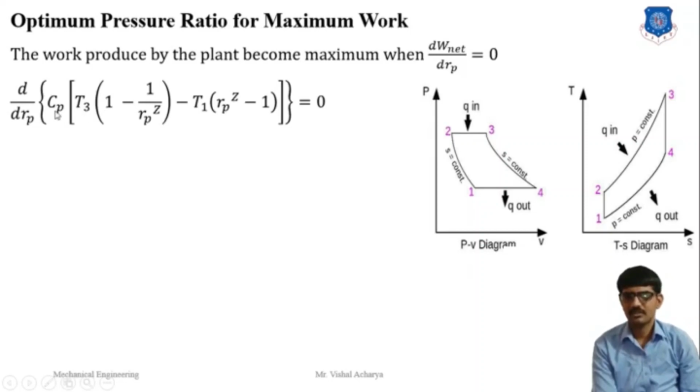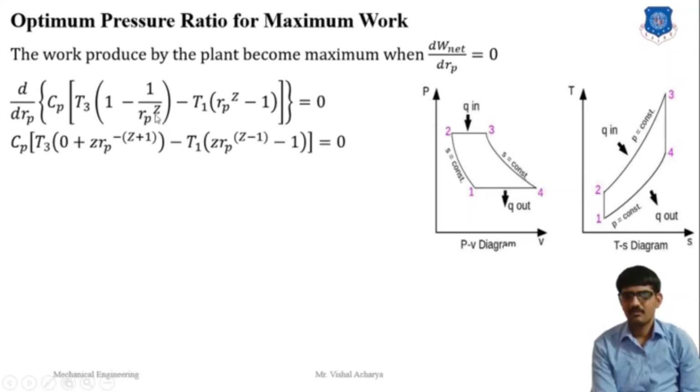Cp is constant, so it is taken out and the derivative of 0 is 0. The first term is a constant, and the second is 1 upon Rp raised to Z, meaning minus Z in front, giving plus Z into Rp raised to minus Z minus 1.